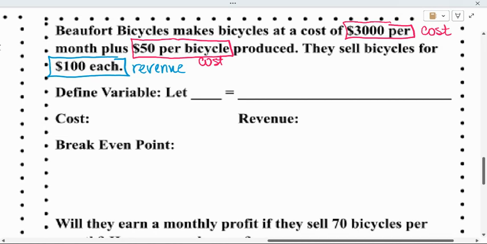What are we talking about? What's our variable? X, okay. What does X represent? The number of bicycles, right? Okay. So we're going to let X equal the number of bicycles.